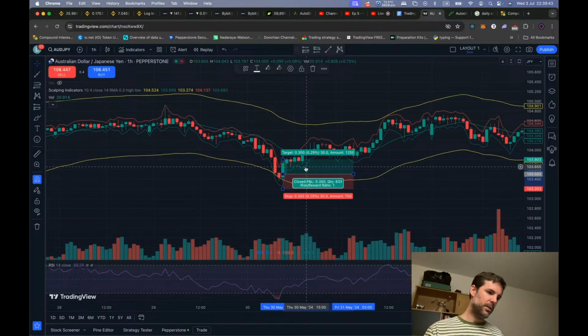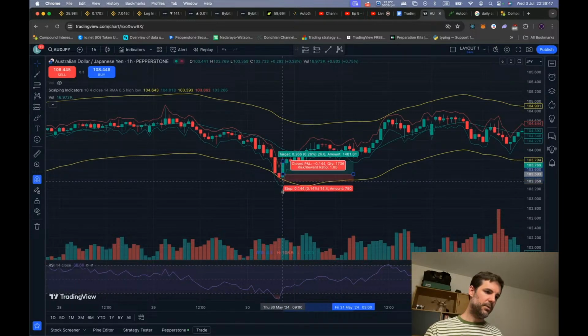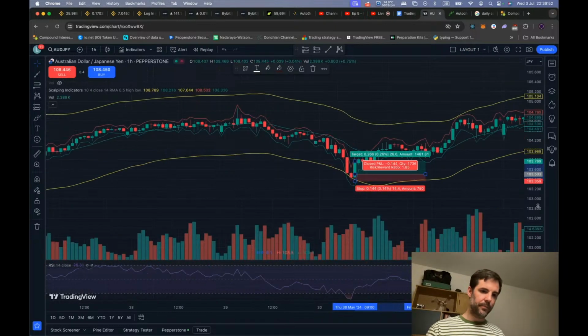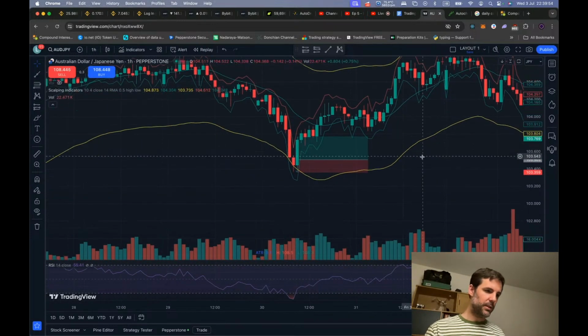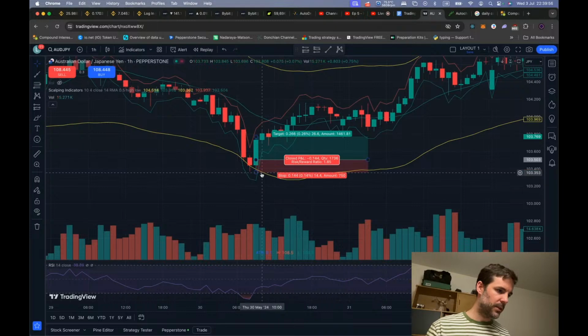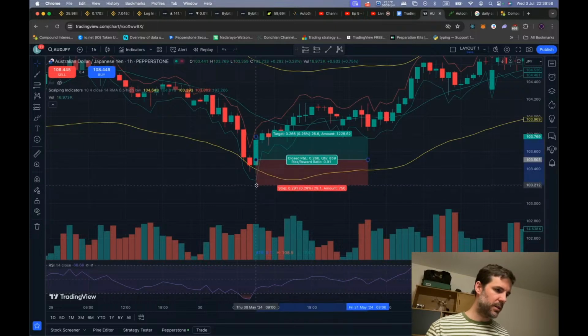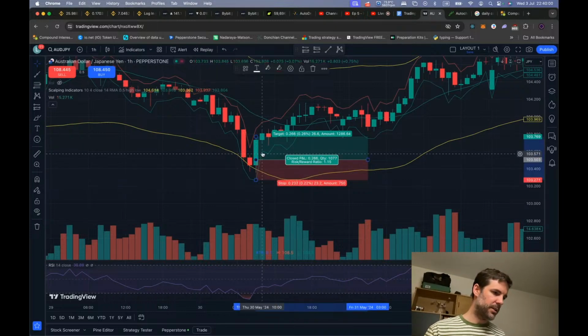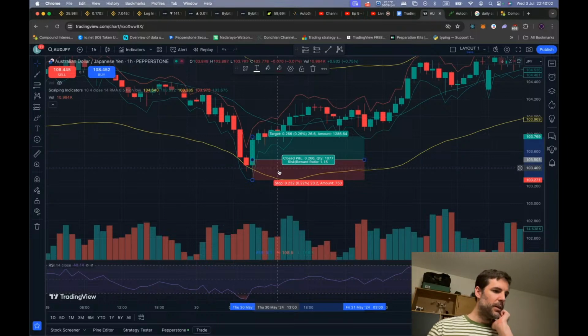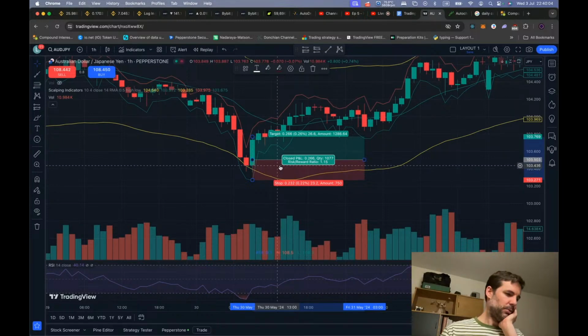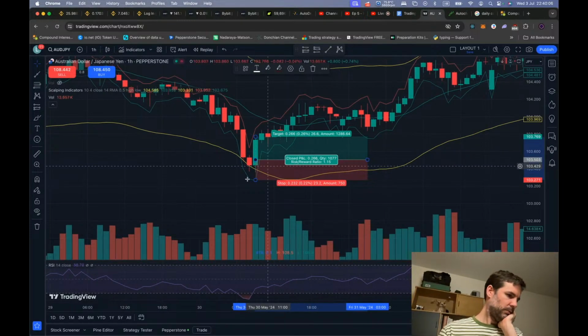And like that, you'd enter there. Your stop loss a little bit beyond what the other one was, like here. This is the ATR, average true range. A measure of volatility, I think.